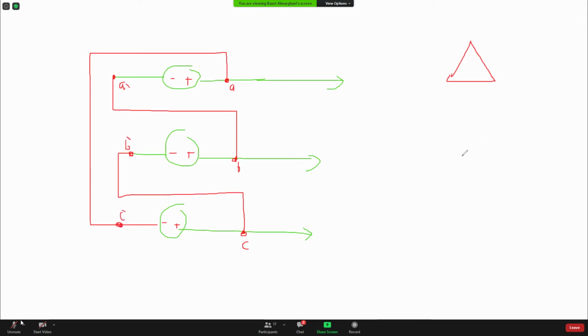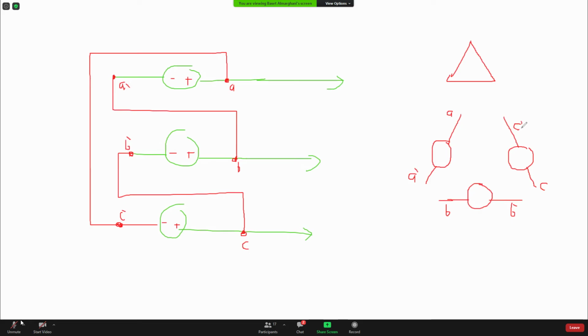So I take A source, C source, B source. So this is A prime, B prime, C prime.